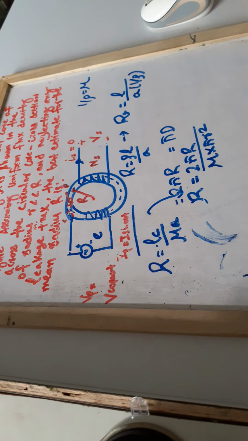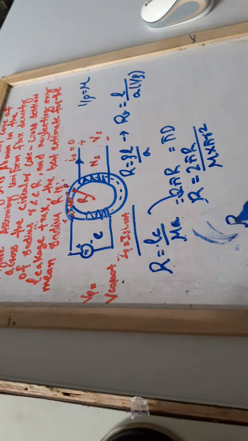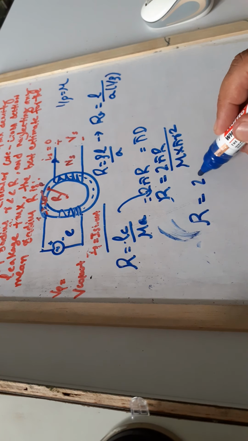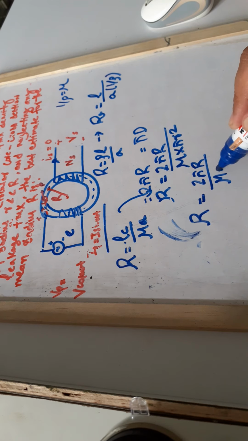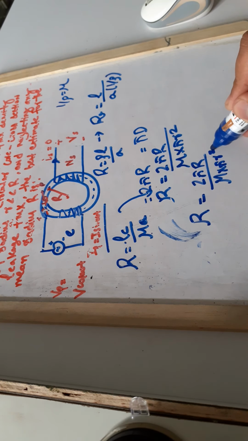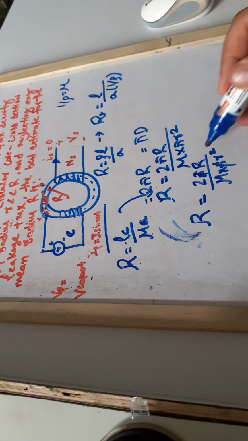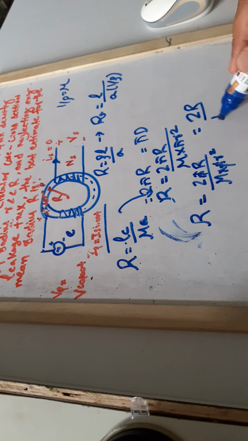So my reluctance would be 2 pi r divided by mu into pi r square. Pi and pi get cancelled, so we are left with 2r by mu r square. This is for the reluctance.